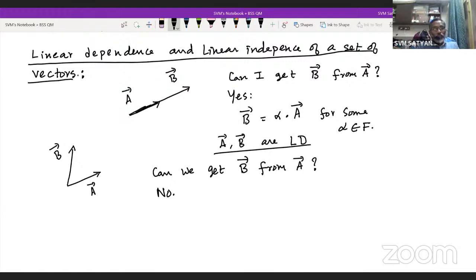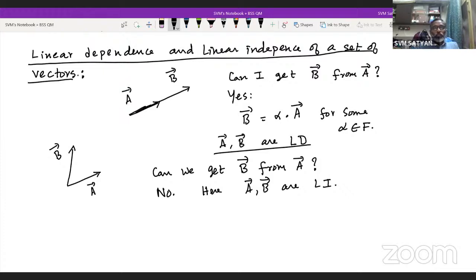If you multiply A with any other scalar, you will only get in this direction, right? So if this is another direction, that cannot be obtained from A. So here A, B are linearly independent. That means I cannot get one from the other.